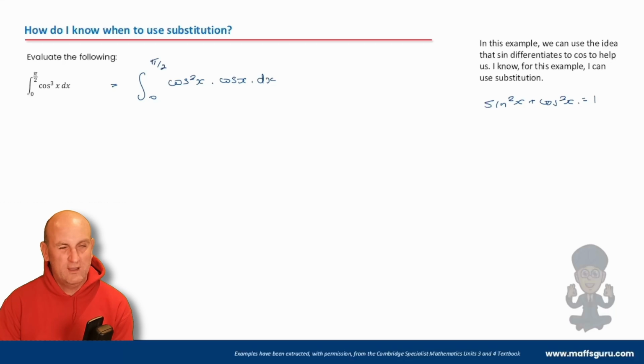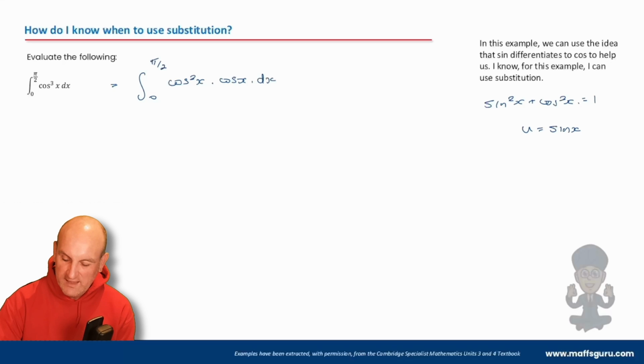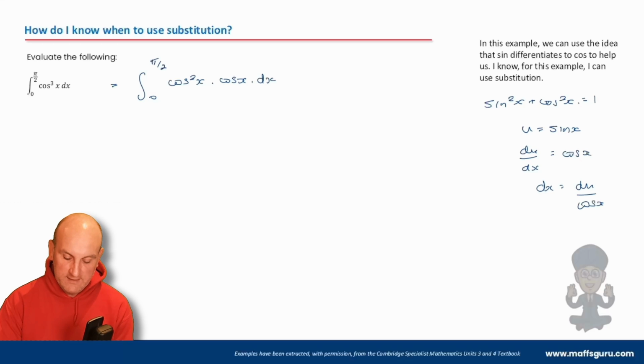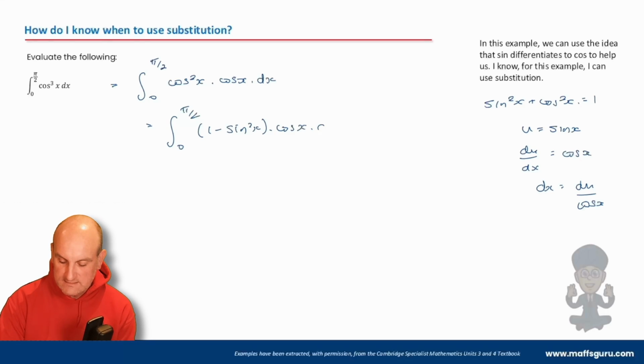Because we then said we're using substitution, let u is equal to the sine of x, du by dx was the cosine of x, and life became a bit easier because dx became equal to du on the cosine of x. How did it make it easier? Well, because I can now rewrite this as the integral from 0 to pi on 2 of 1 minus sine squared x times cos of x dx.